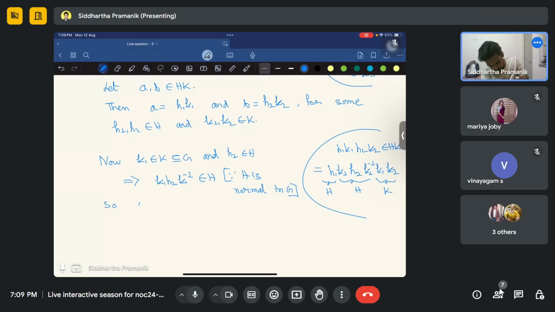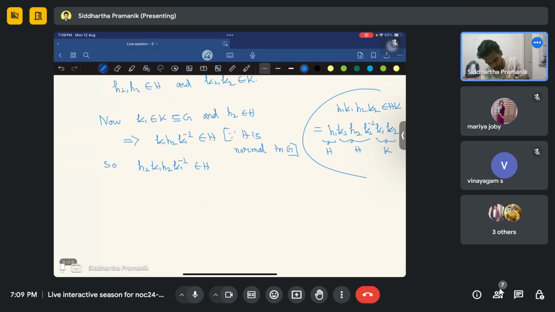So H1 times K1 H2 K1 inverse is in H because H is a subgroup, and K1 K2 belongs to K.